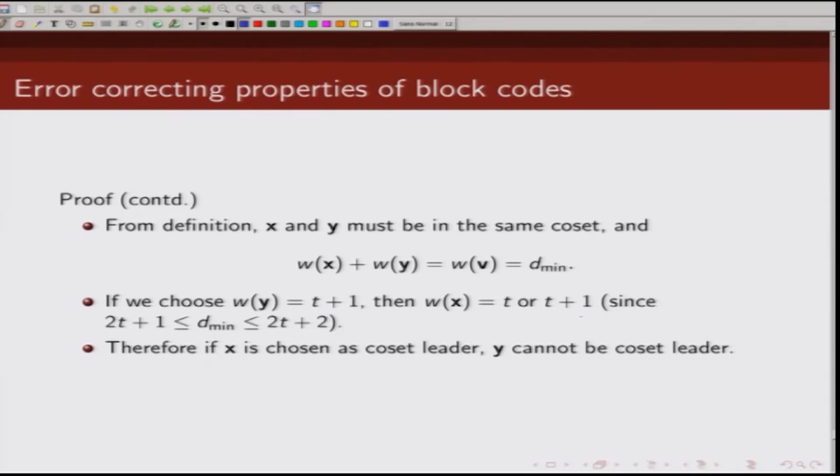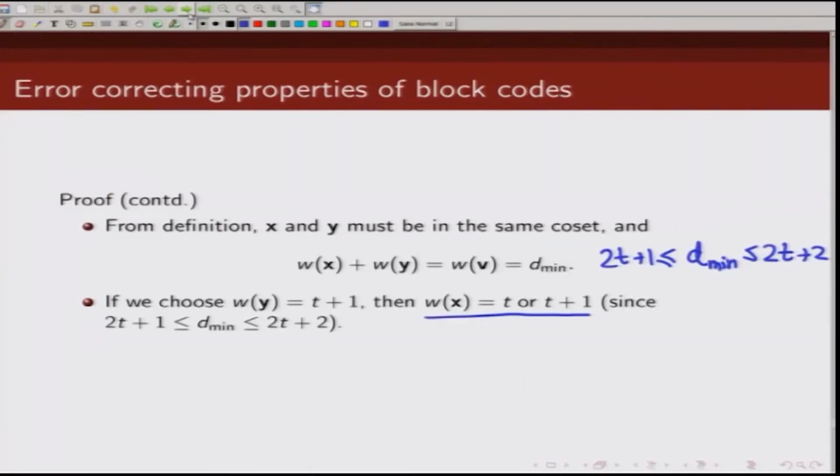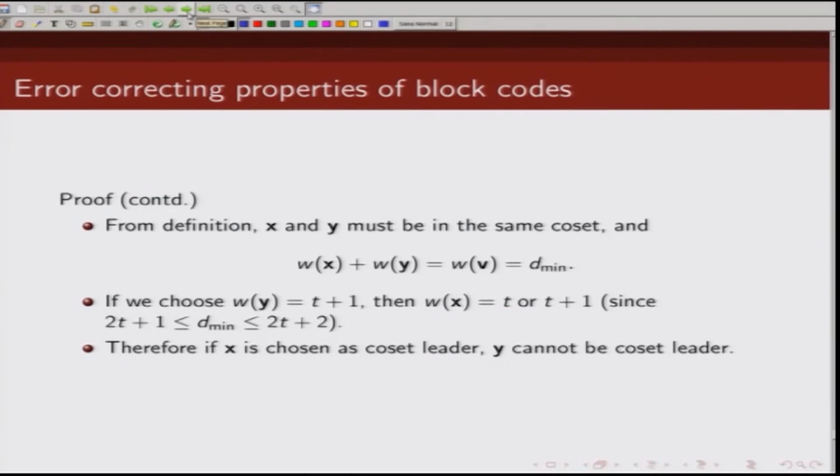So, I will choose x as my coset leader, and if I choose x as my coset leader, then I cannot choose y as my coset leader, which proves my result, which says that if all n-tuples of weight t or less are used as coset leaders, then there exists at least one error pattern of weight t plus 1 which cannot be used as a coset leader.